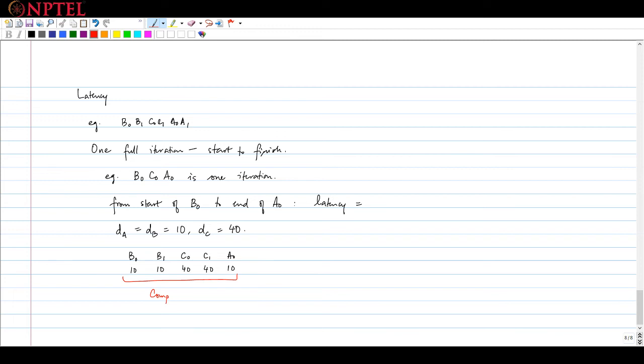Completed iteration 0. And total latency is equal to 110 time units, whatever that is.